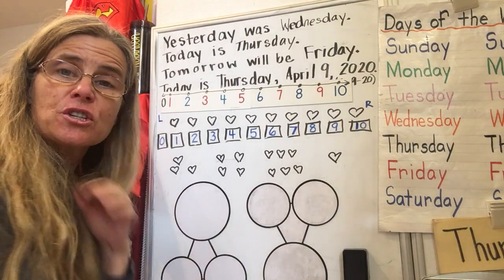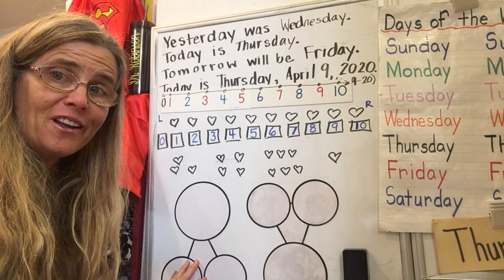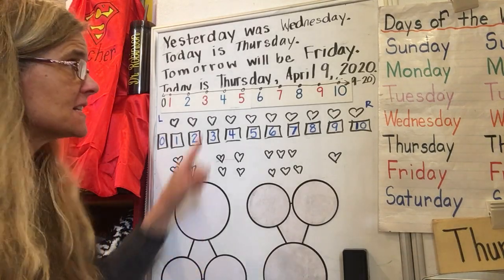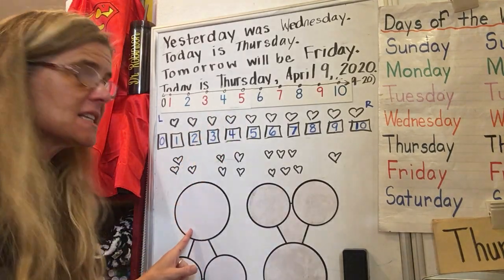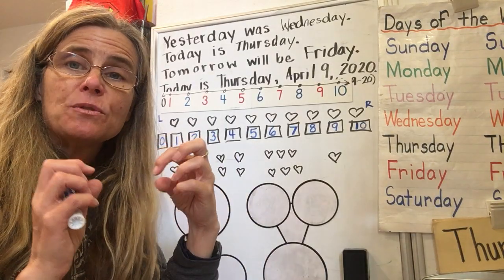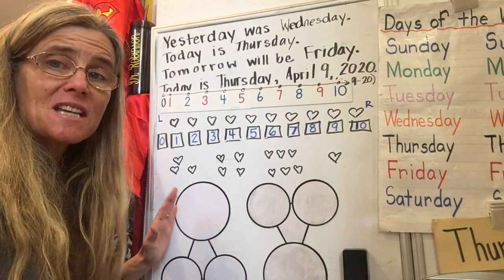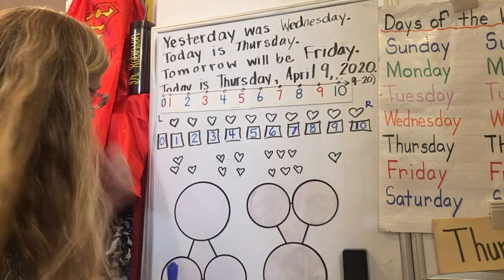So this is another structure that we're going to use, and these are called, do you know what they're called? This is a number line. This is a number bond. Kind of looks like science when you see how cells bond together. Well, these numbers are going to bond together.